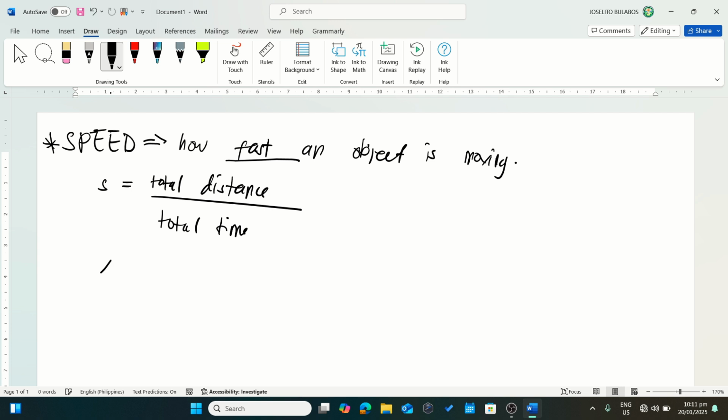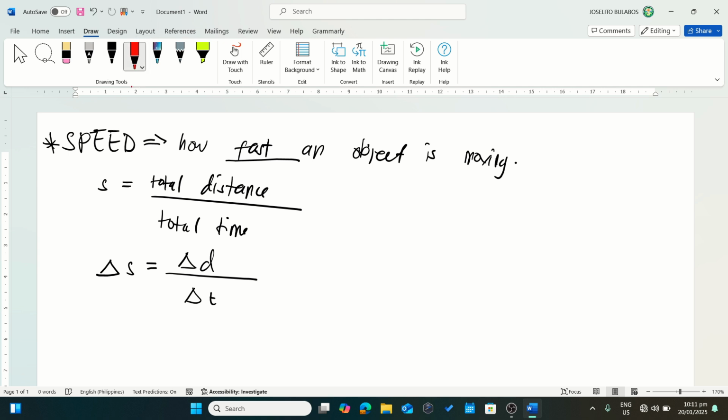So let me do it again. The average speed is equivalent to the change in distance divided by the change in time.